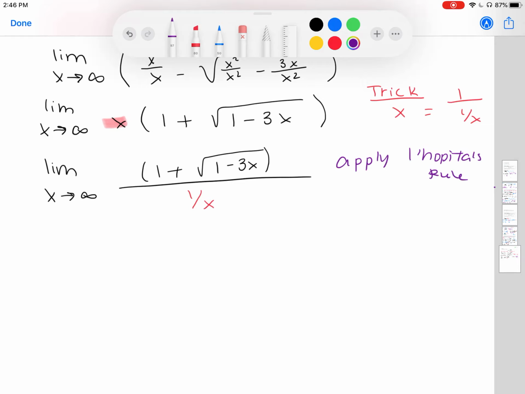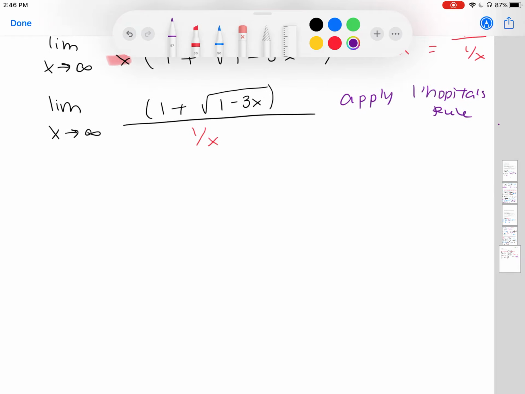Before we do, let's go ahead and rewrite our function. Let's replace 1 over x by t, and the limit as x approaches infinity becomes the limit as t approaches 0 from the right, from the positive side.